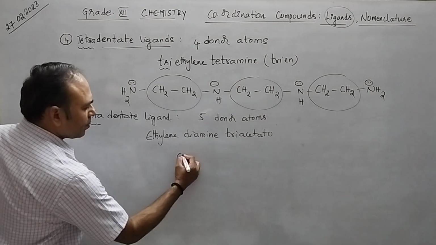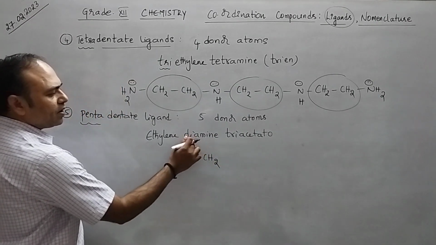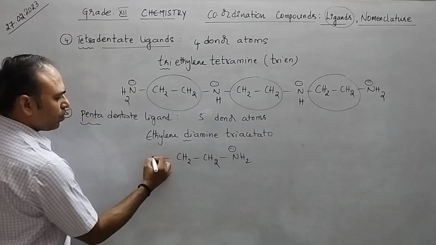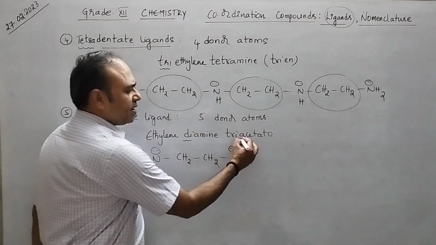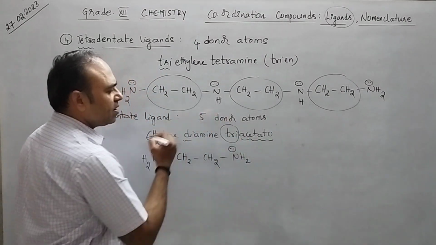You know ethylene CH2, CH2. To that we have to represent 2 amino groups. So NH2 and NH2. Now the next one is acetate group. You know acetate is CH2COO minus, and how many groups are there? 3 groups.